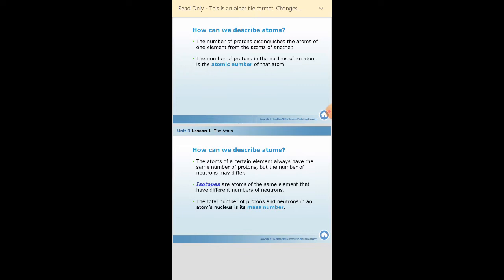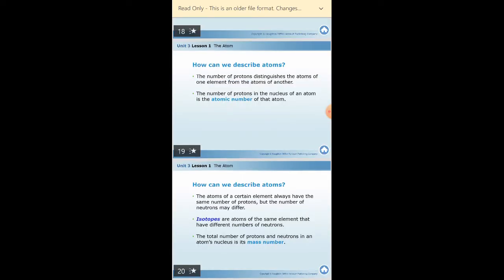It means this refers to the different number of neutrons. Let's have some examples. I will give some examples in the next video, because I want to explain it myself. Thank you.